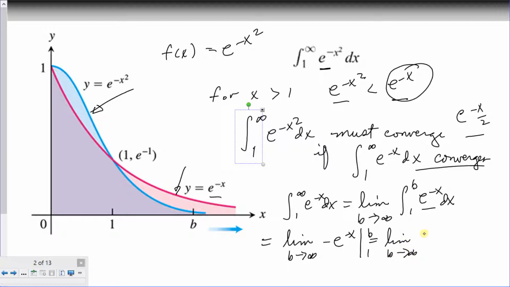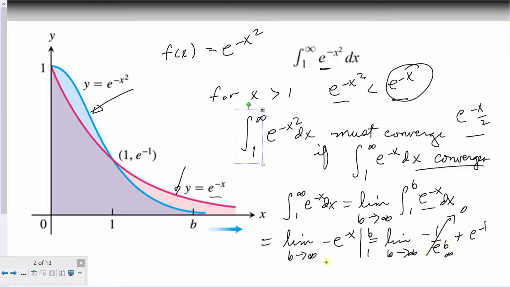of minus 1 over e to the b plus e to the minus 1. Now this limit obviously goes to 0 because e to the b as b goes to infinity is infinity, and so dividing 1 by a number going to infinity, it'll have to approach 0.